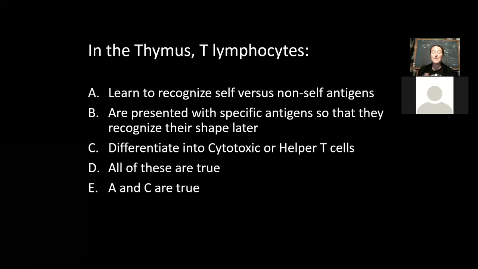None of that stuff is happening within the thymus. The thymus is merely teaching the T lymphocytes to recognize, this is the self part of the MHC. We recognize this, don't kill that, versus here's the thing that's presented on the MHC. That doesn't look familiar. So we should recognize whatever is actually being presented on the MHC. Okay, so the answer again is E.